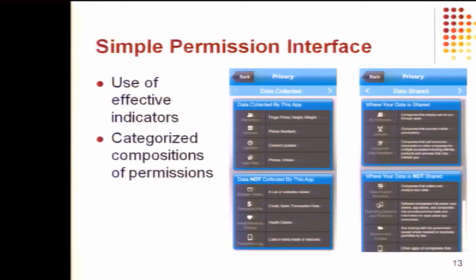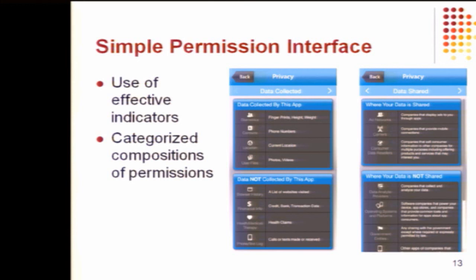So this is a permission interface that was suggested by NTIA, the National Telecommunications and Information Administration. It uses effective indicators which people could relate to the permissions. For example, contacts is shown with the contact symbol, which people can easily relate to, and this also has a division between collected data and shared data.